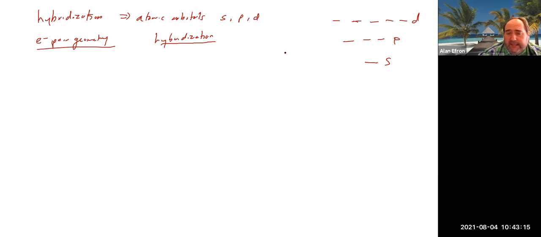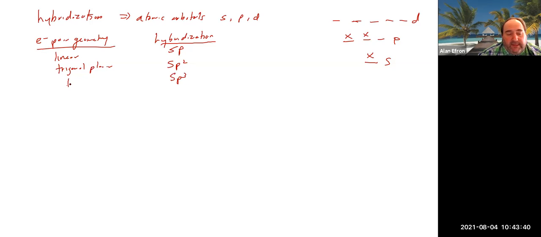The simplest one you could have is two electron pairs, so 1 and 2, that is an S and a P, and that goes with our linear electron pair geometry. An S and two P's that come together, sp2, is our trigonal planar.